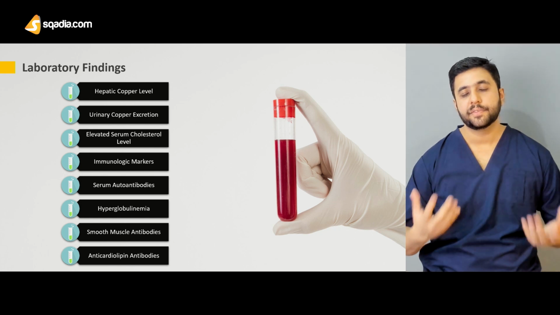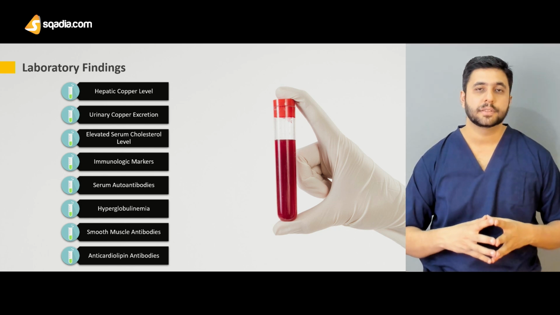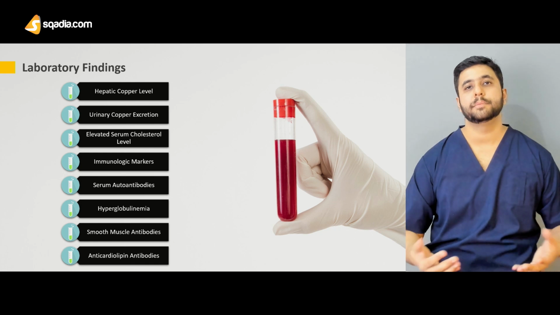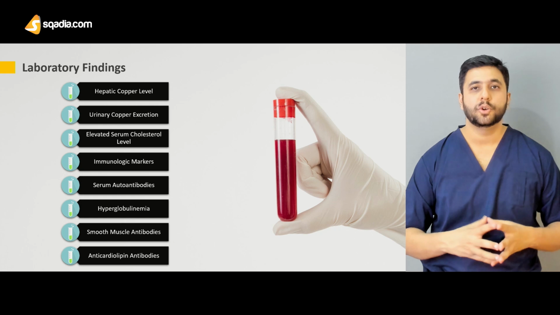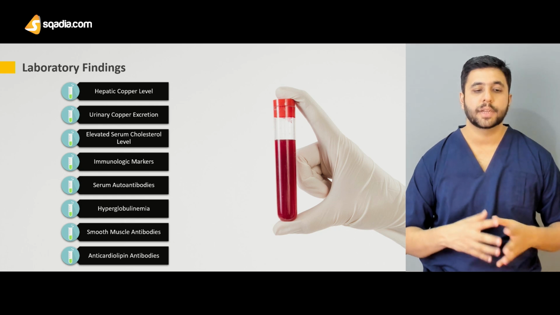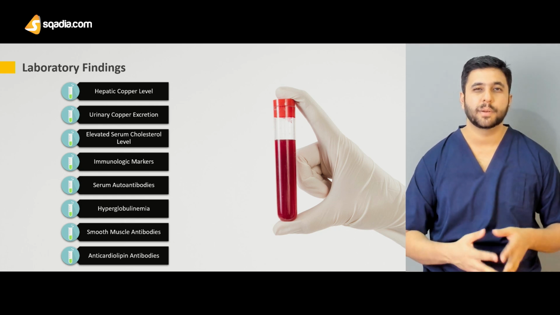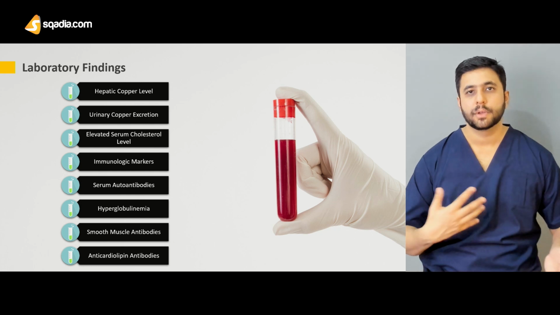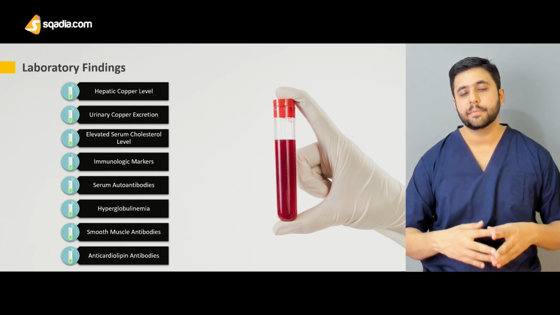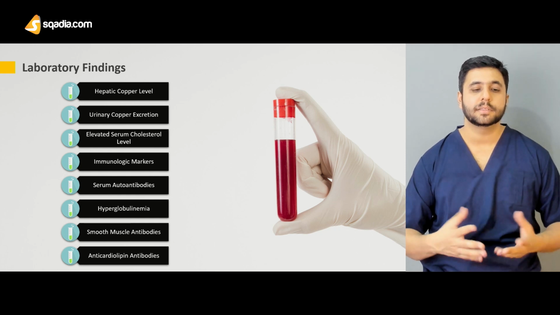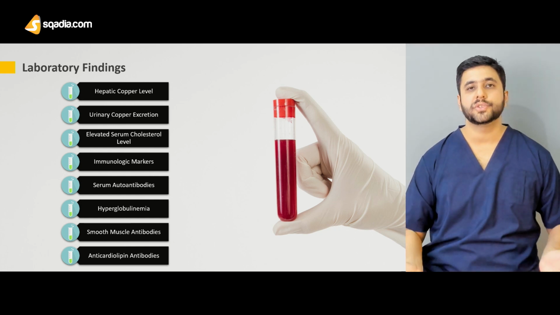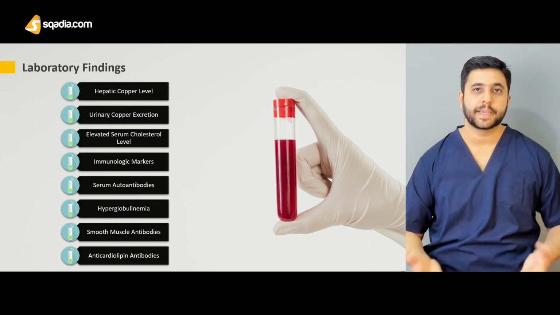And if we have a suspicion of certain types of immunological problems like systemic lupus erythematosus, then we can do anticardiolipin antibodies as well. But this is not generally performed because the picture is generally very clear, and based on the other tests which we have done, we can have a very good idea. This is done basically to differentiate systemic lupus erythematosus from PSC.